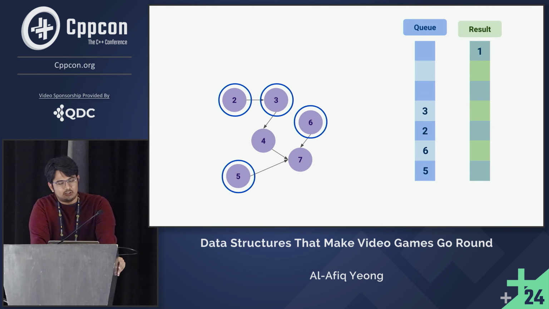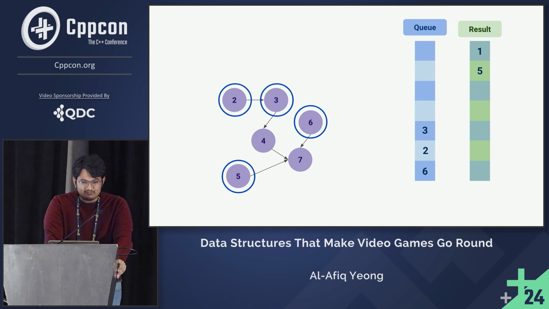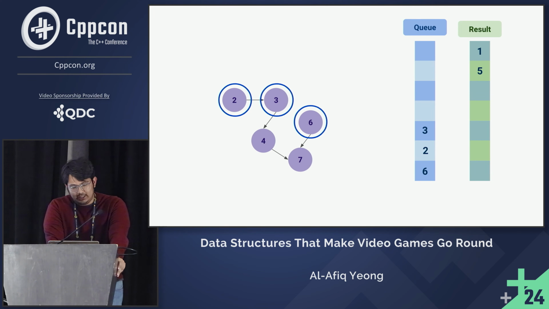the while loop's iteration. In the next iteration, we're going to pop an element from the queue, add it into the result buffer, and then iterate through our graph and remove any incoming edges from 5, right? So we do that.